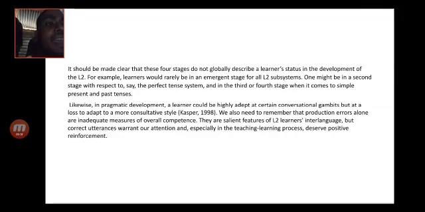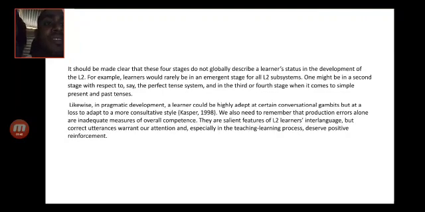One may be in a second stage with respect to, say, the perfect tense system, and in the third or fourth stage when it comes to simple present and past tenses. Likewise, in pragmatic development, learners could be highly adept at certain conventional gambits but are left to adapt to a more substantive style. Kasper, 1998.